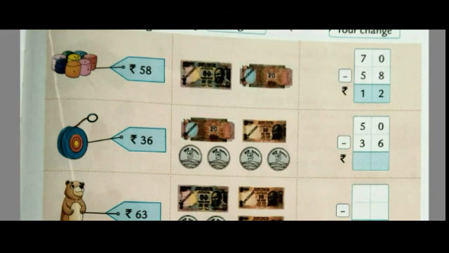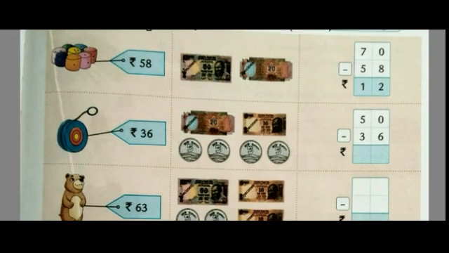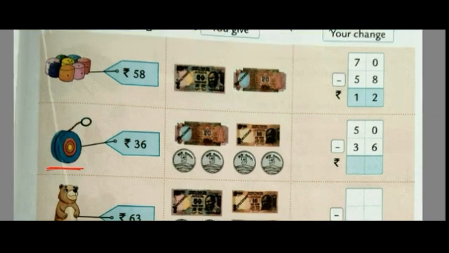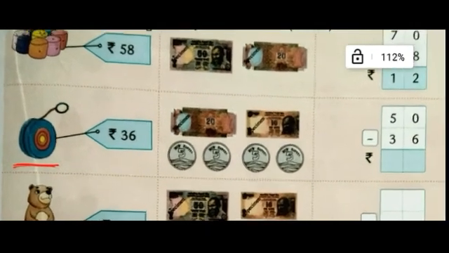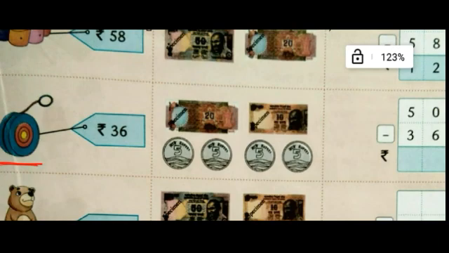Suppose you purchase, in the first picture you purchase this toy. It is for 36 rupees. You give the shopkeeper this much amount, that is 20 rupee note, 10 rupee note and 4 5 rupee coin. That means total you gave him 50 rupees.